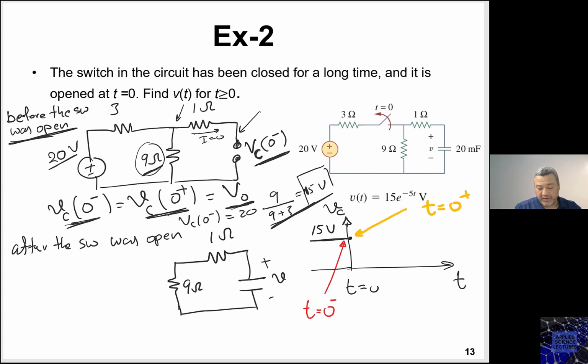So my VC0 minus is the same here as well. And it becomes a voltage division, 9 divided by 3 plus 9.